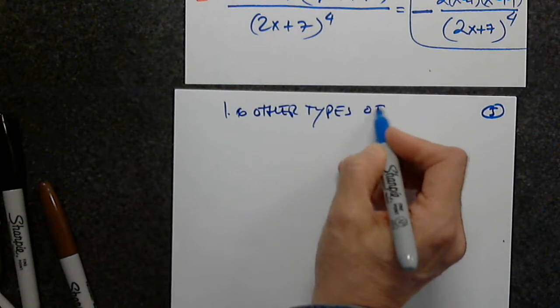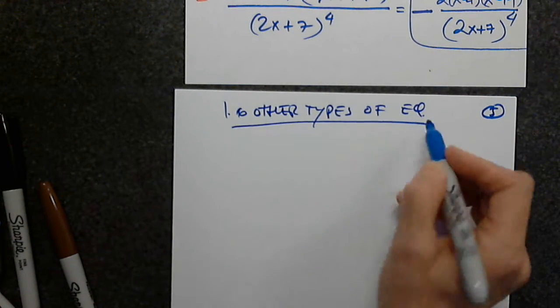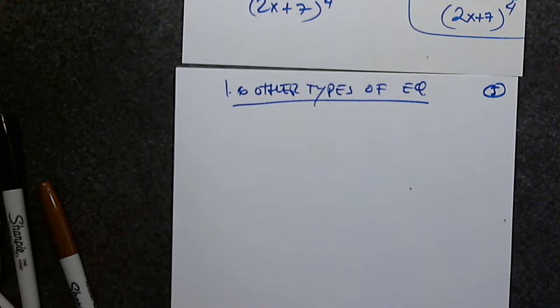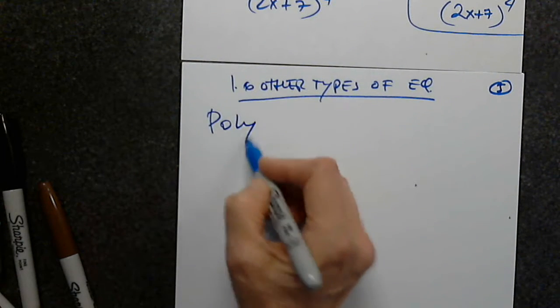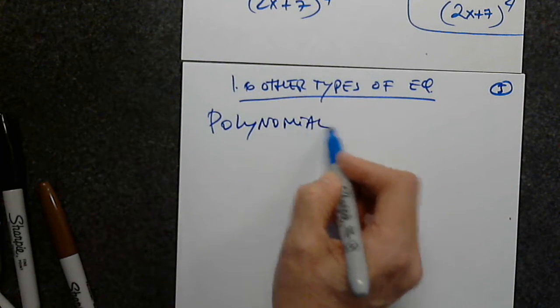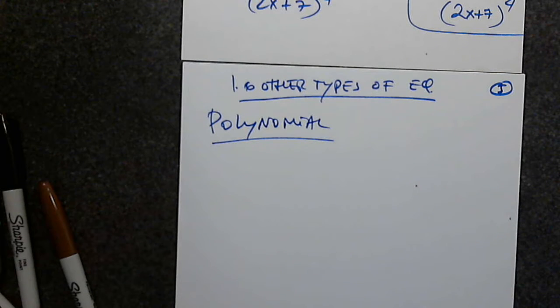types of equations. I have a lot to tell you, and it takes a lot of time. You know the types of equations, one of them will be polynomial. We already solved the polynomial equation. We had that 3x cubed or 2x cubed and so on and so forth. That was a polynomial equation.